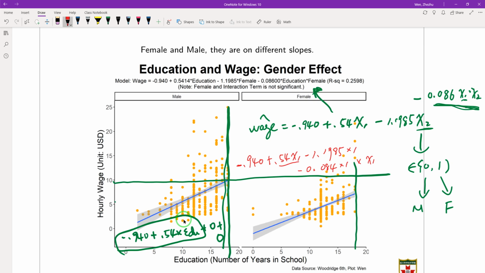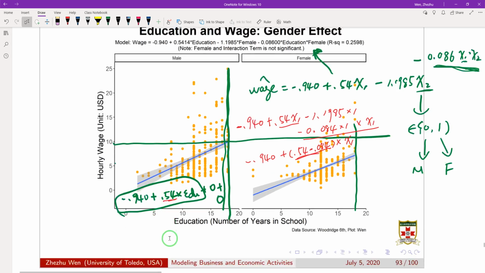These two can be grouped together: the intercept plus 45 minus 0.084 multiplied by x1, which is education. So you see the slope is different here. Men's slope is slightly higher than women's. This is one way to improve the predictive accuracy of your model by adding additional predictors.